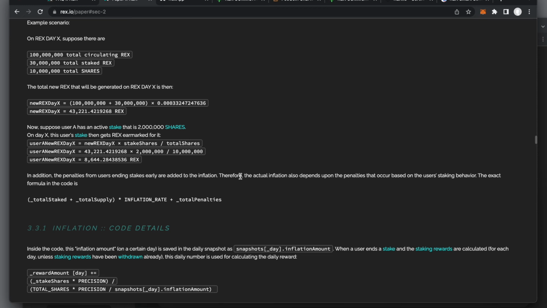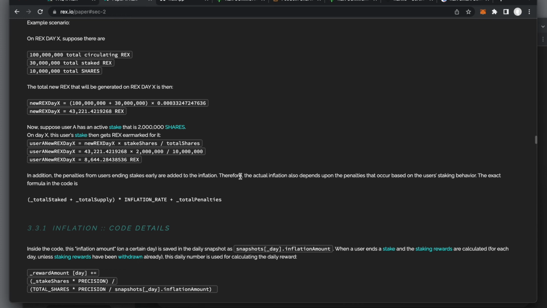But if you don't want to get to it in that level of detail, the important thing to understand is that every day your stake earns new rewards according to how many shares you have that you're assigned whenever you stake. So when you stake, you get a certain number of shares. So you really want to maximize the number of shares you get for every Rex that you stake.